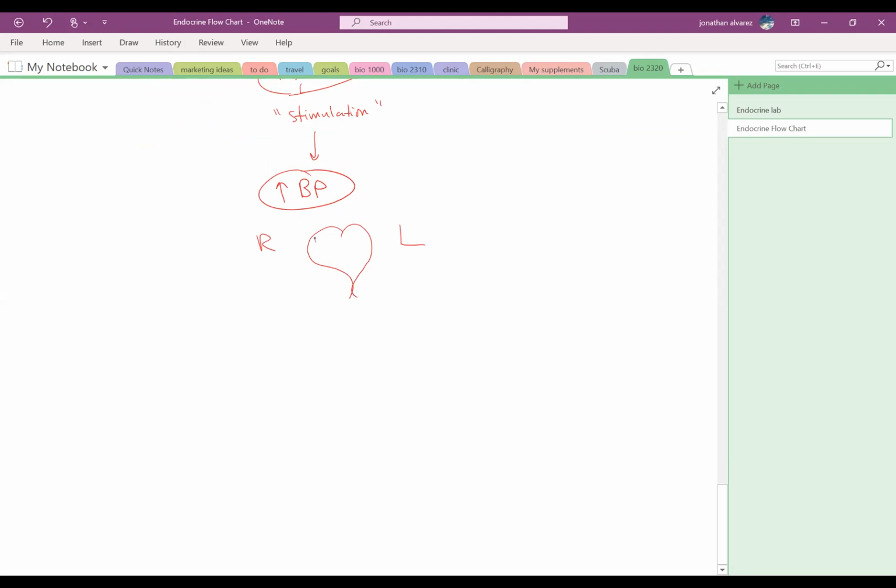That right atrium, this side would be the left atrium, this would be the right ventricle, and that would be the left ventricle. So out of the right atrium, it's going to release this atrial natriuretic hormone. You might also see it as atrial natriuretic peptide. But it is a hormone.